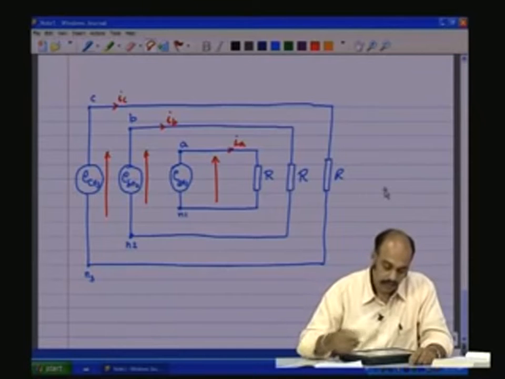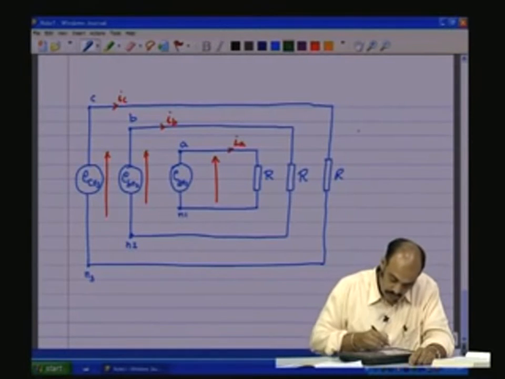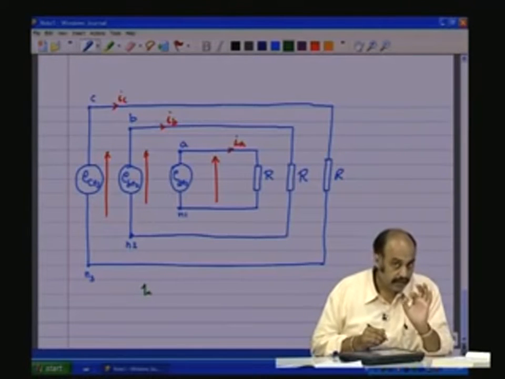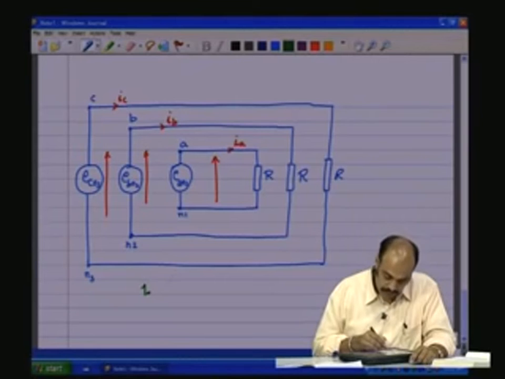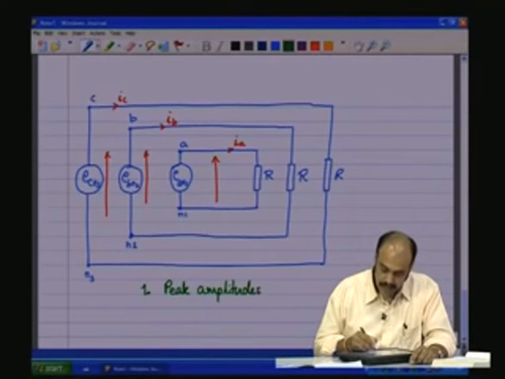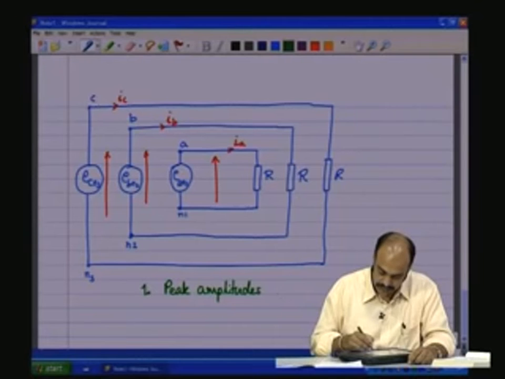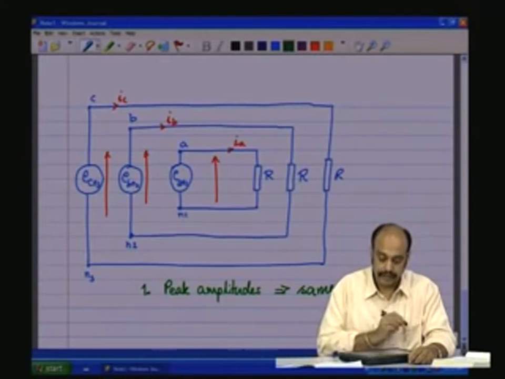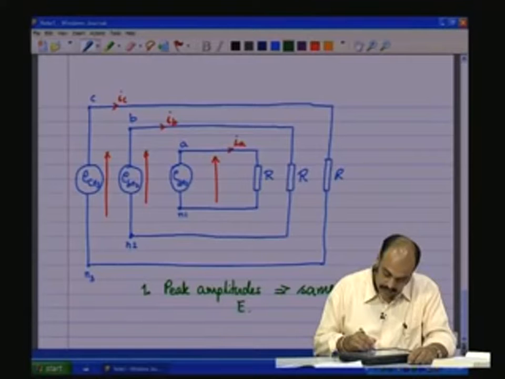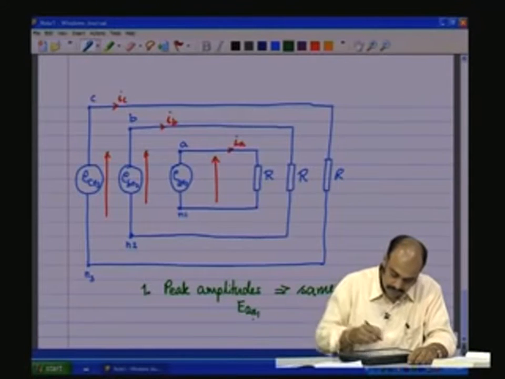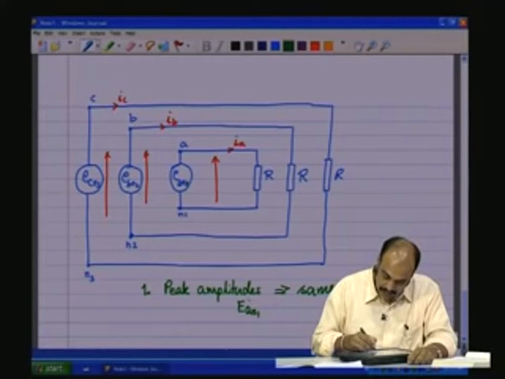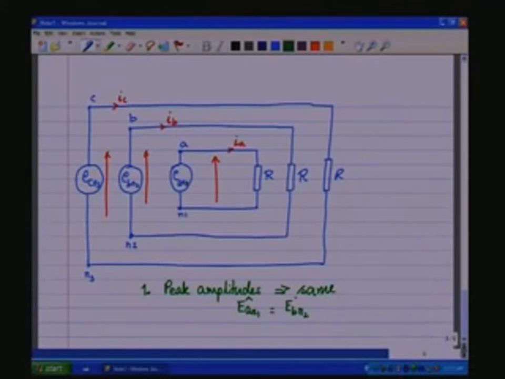So, what is the first constraint? We make, not the instantaneous, mind you, we are making the peak amplitudes or peak values of the sine waves of each of these AC sources, sinusoidal sources, same for all three, that is E A N1 peak will be equal to E B N2 peak will be equal to E C N3 peak.